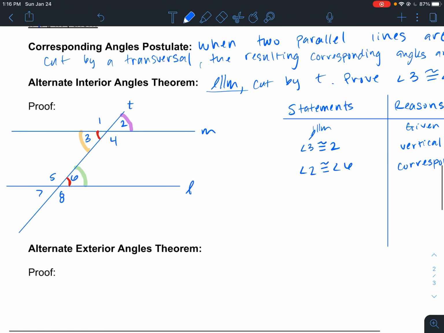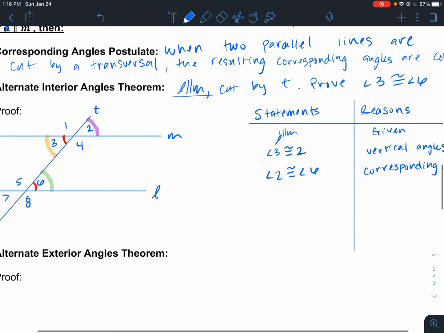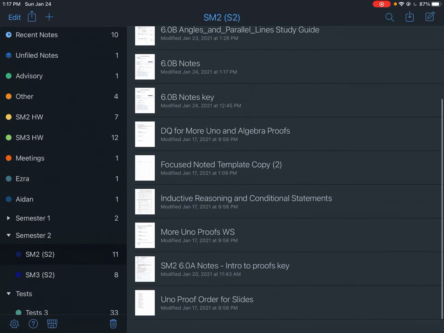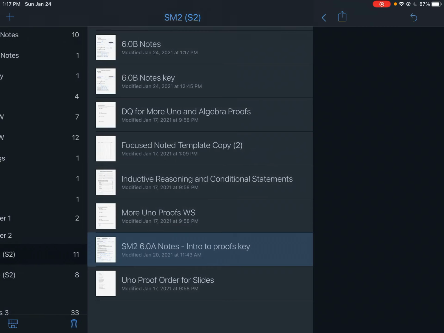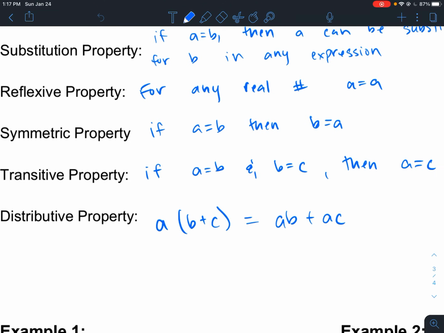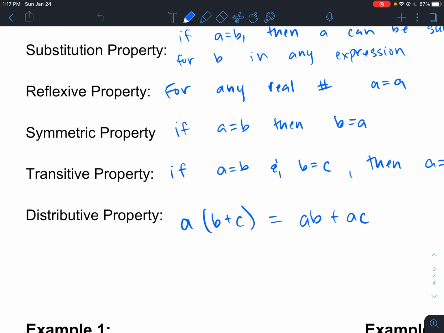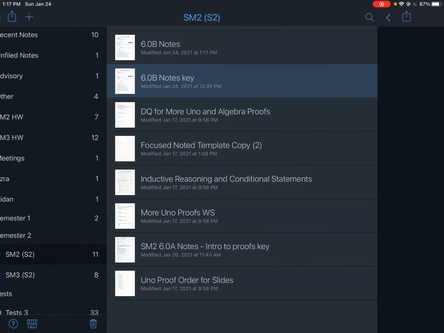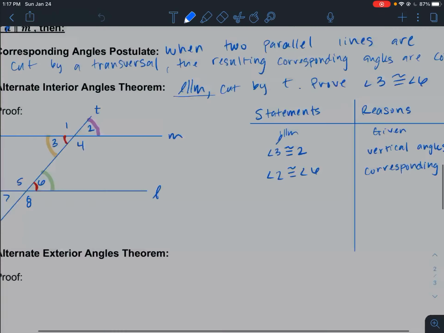Well, look at this right here that we just created. Angle 3 is congruent to angle 2. Angle 2 is congruent to angle 6. Now, there was a property that we covered in 6A, if I can find my notes from that, which was the transitive property. If A is equal to B and B is equal to C, then A is equal to C. That was the transitive property.